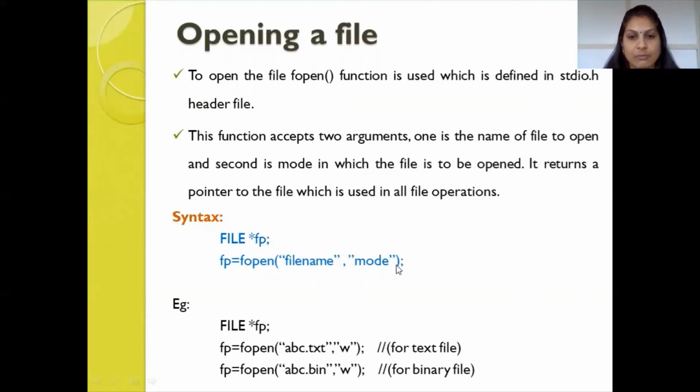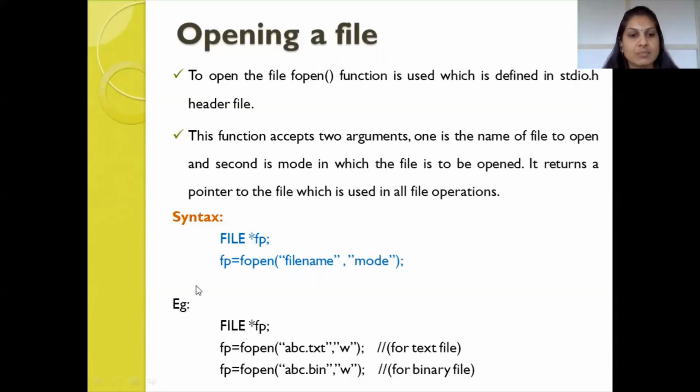Inside this fopen function, we pass two arguments. First is the file name and second is the mode. The file name is nothing but the name of the file. The file can be of two types, text and binary. And the mode can be read, write, something like that, which we will understand later in the next slides.